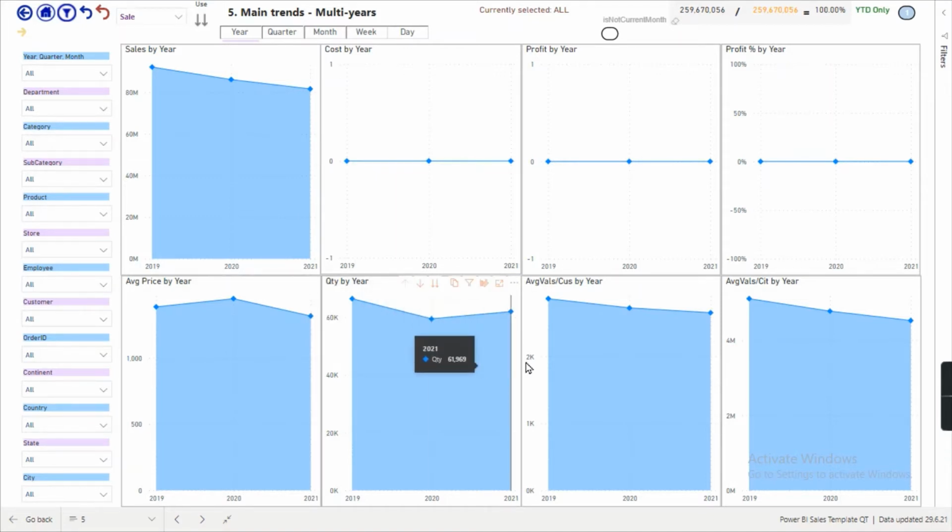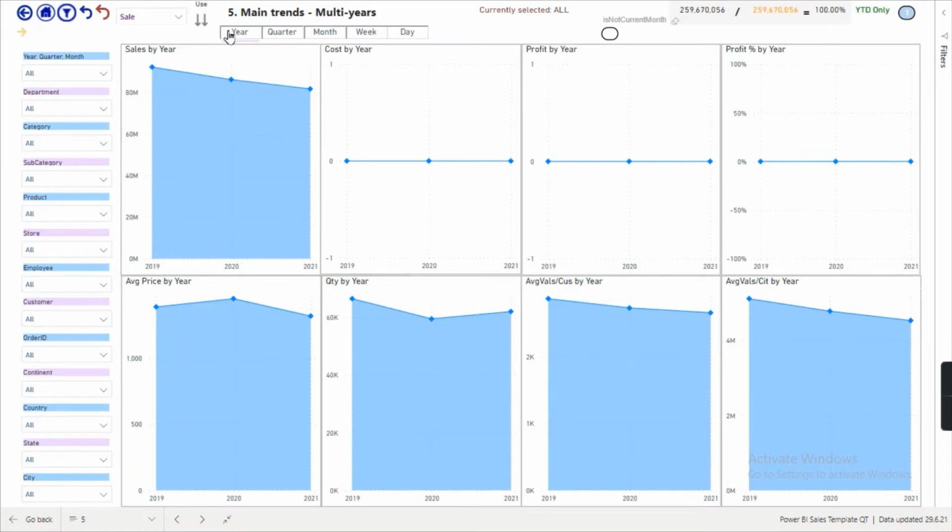Okay. There is concurrence, it seems. So they have to lower their price. Average value of customer goes down like the sales. That's steady, no surprise. Average sales by city, the same.